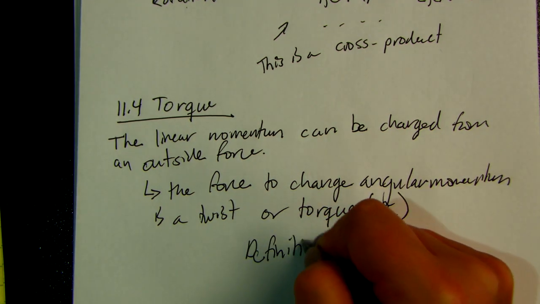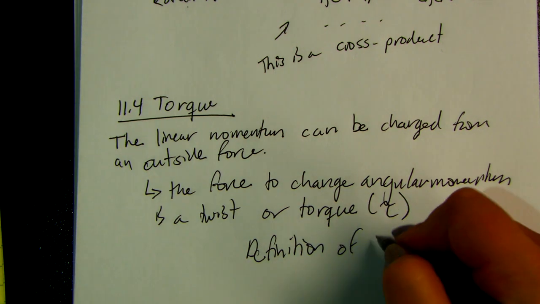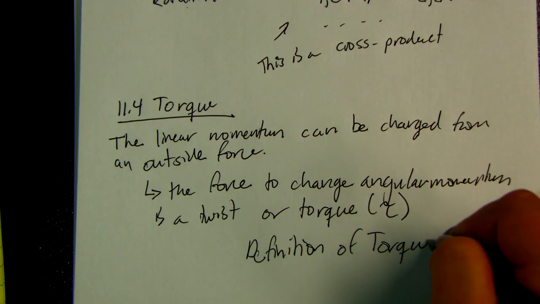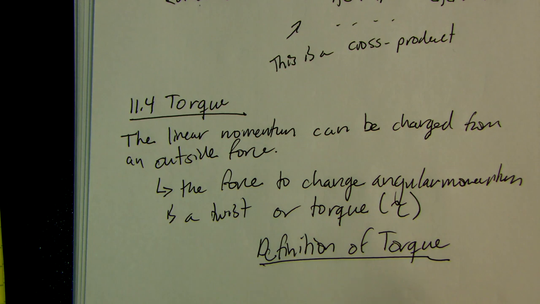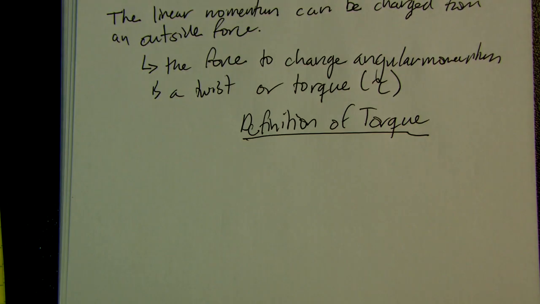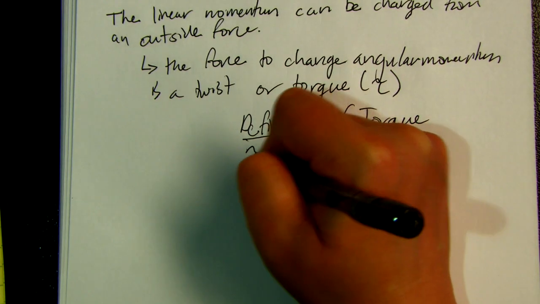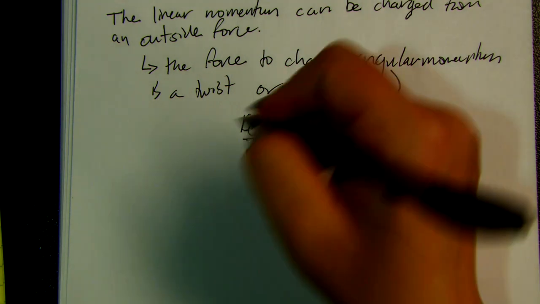Definition of torque. Of course, in physics, we often define things with equations. This will be no different. Torque is denoted with a tau.